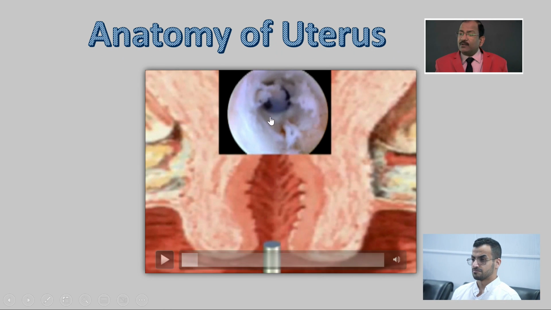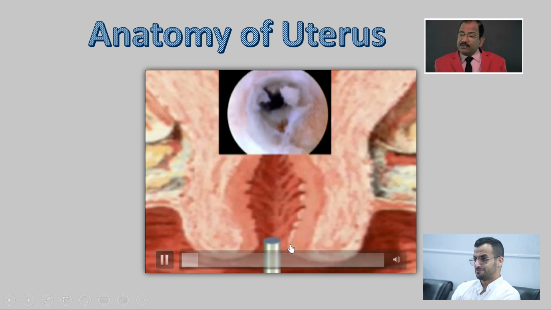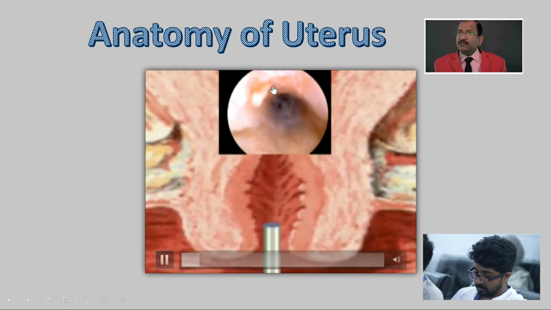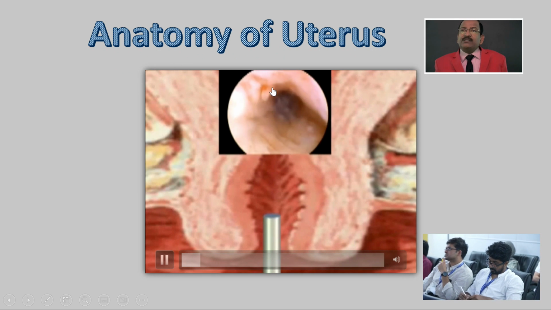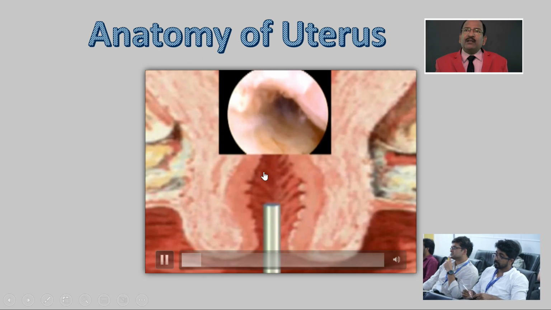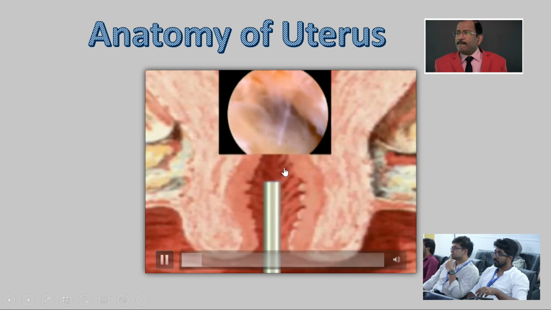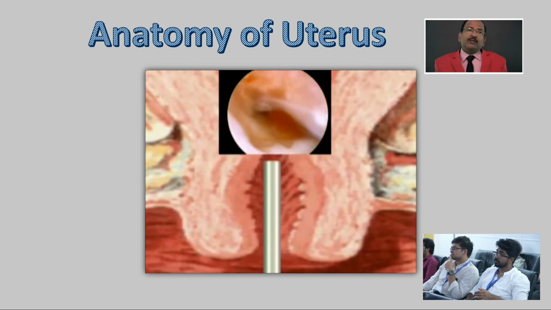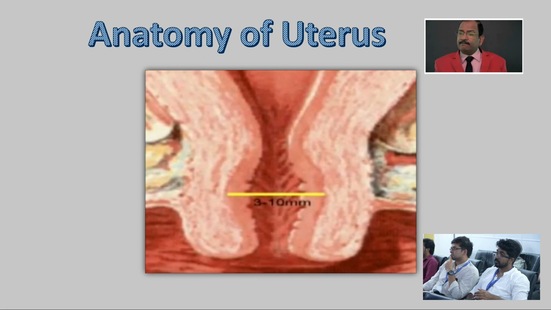See this black hole, you will see this only in 0-degree, 30-degree will not show you. If black hole is visible, you are safe, because you know where you are going. Slowly with this 0-degree you will enter. Once you come at the level of internal os, then with the 0-degree in a normal uterus, both the ostia will be visible.